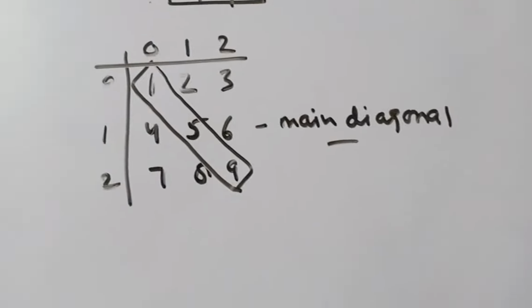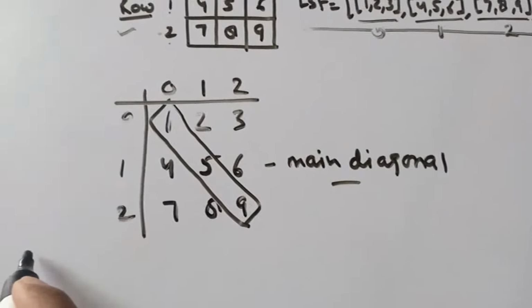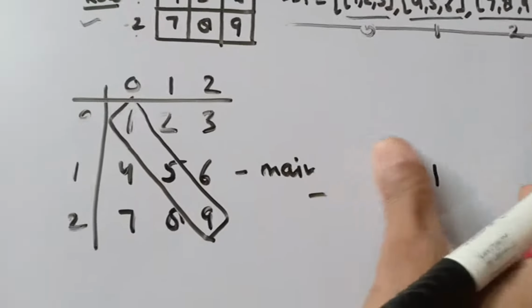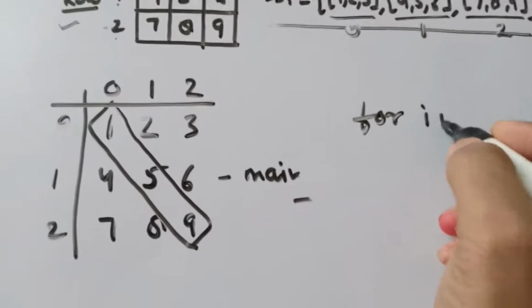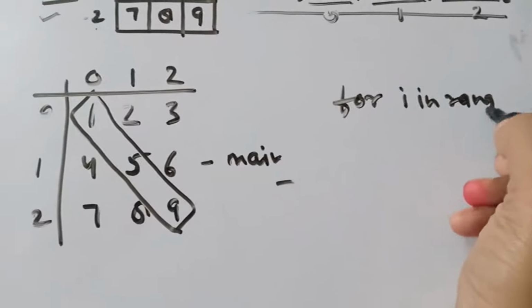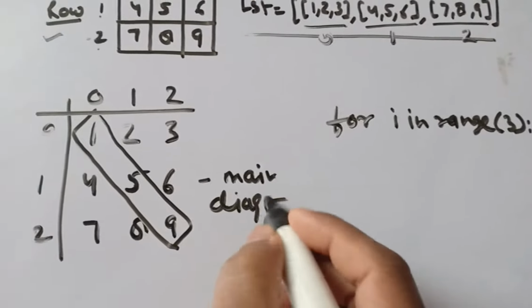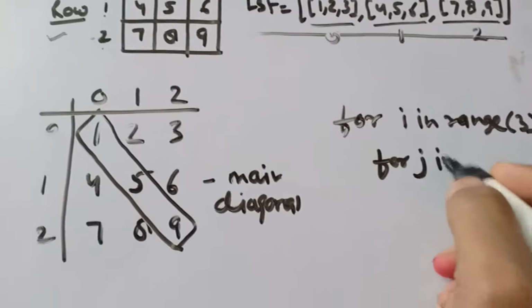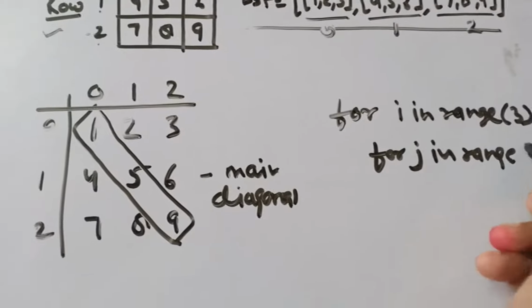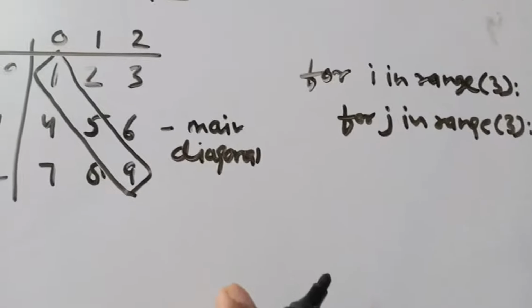To find the logic of this problem, I am writing a code here. These two loops read rows and columns both.